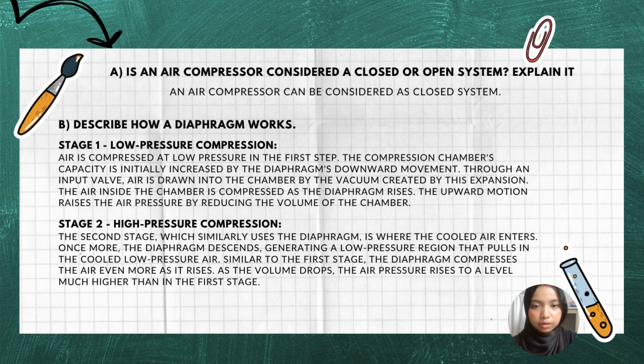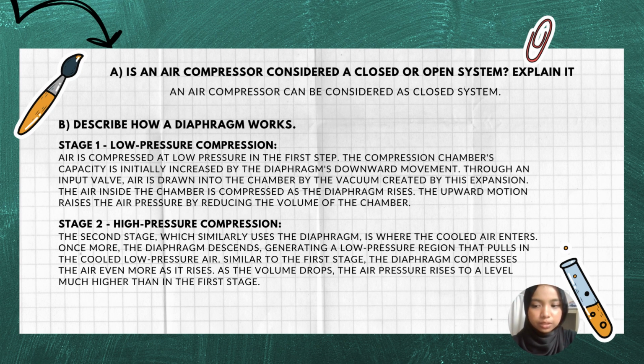So we move to the second question, which is to describe how a diaphragm works. There are two stages that make the diaphragm work as shown. At stage 1, low pressure compression occurs, where air is compressed at low pressure in the first step.